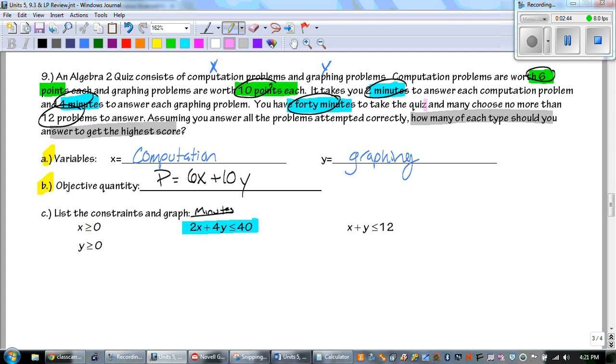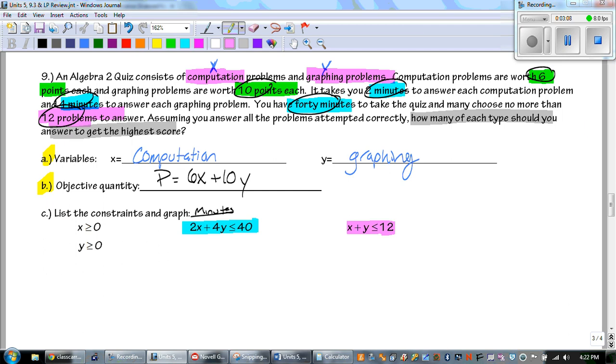And then the other one says you may choose no more than 12 problems to answer. So that's the 12, but where did the x plus y come from? Well, there are only two types of questions: the computation or the graphing. That one was just a little bit difficult to get the constraints.